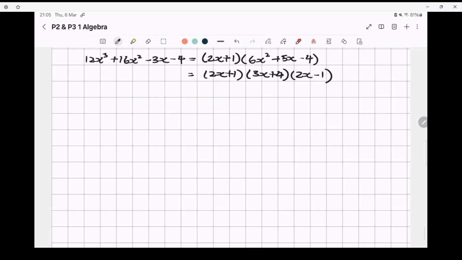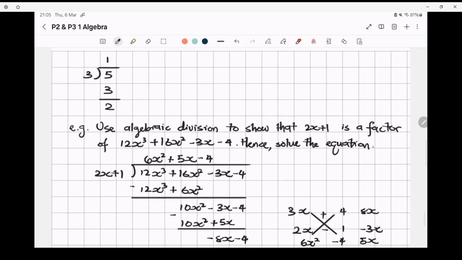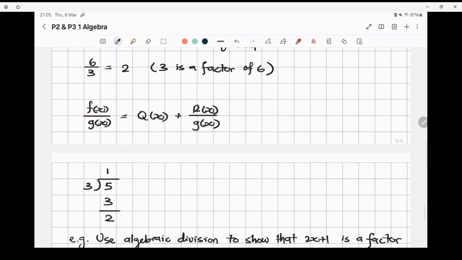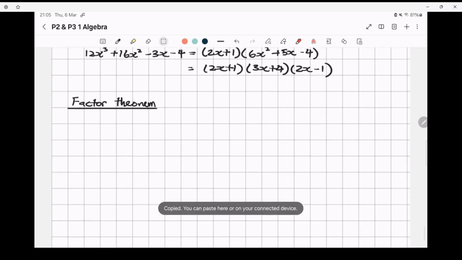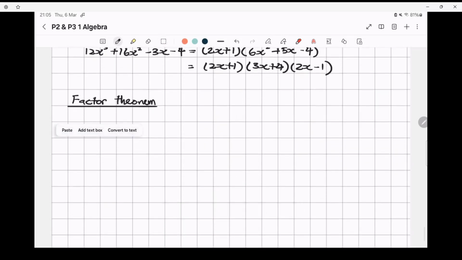So now let's go into the factor theorem. What factor theorem tells you is also quite simple. If you look at this particular equation that I wrote just now, factor theorem tells you what happens when there's no remainder.